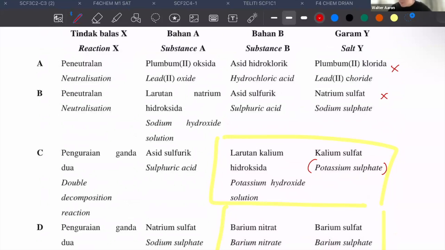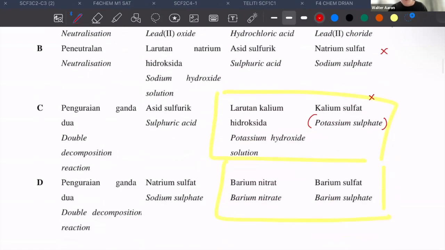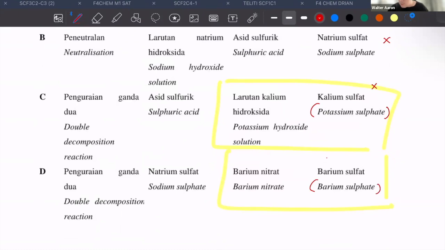So this is probably not the answer. Remember that sodium, potassium, and ammonium salts are all soluble. Then we ask ourselves about D. Barium sulfate is indeed insoluble. So I'll say most likely the answer is D.